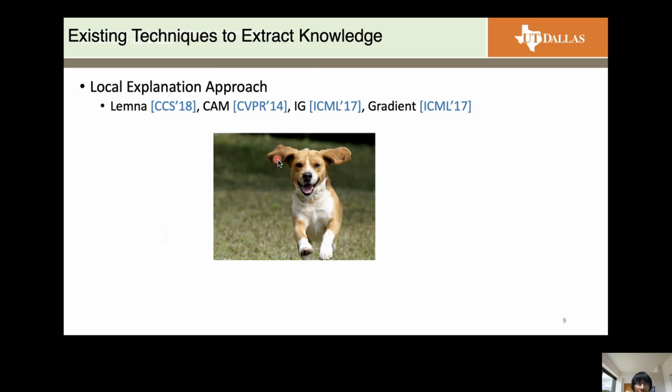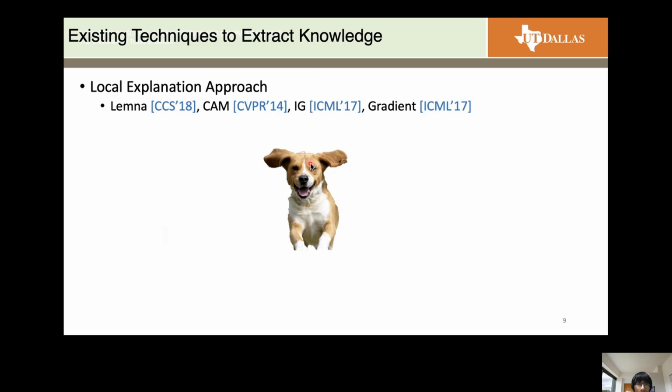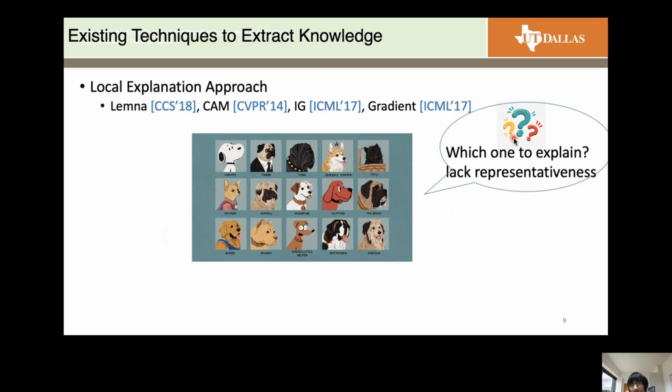For example, given an image, they would identify the pixel which impact most to the final results. However, this type of approach solves the problem of where to explain. In other words, there are so many of data instances, they didn't know how to select the input to give explanation, which means this type of approach lacks representativeness.